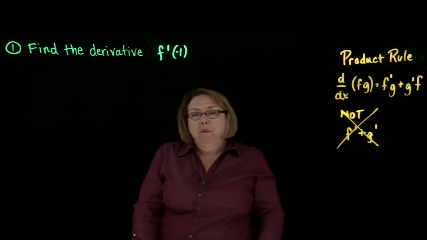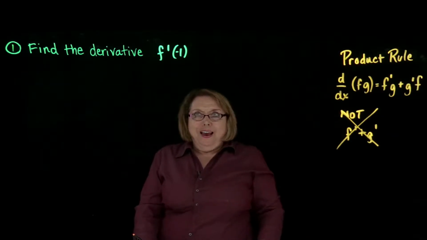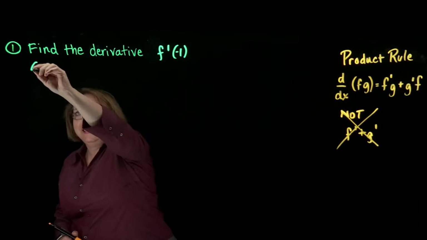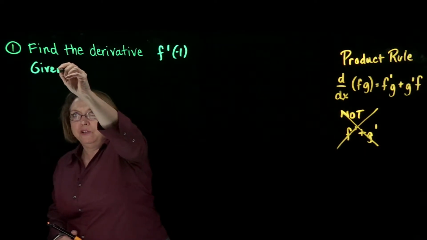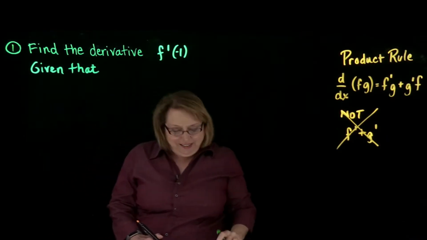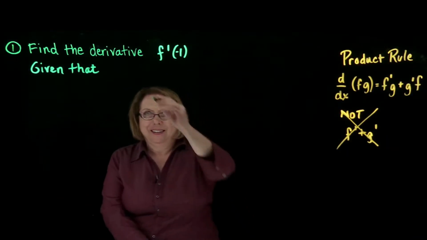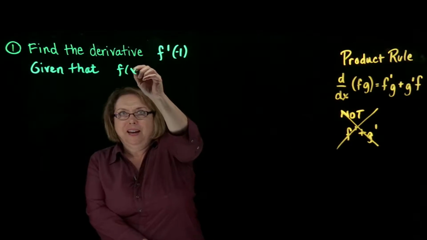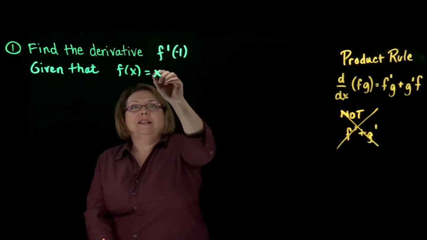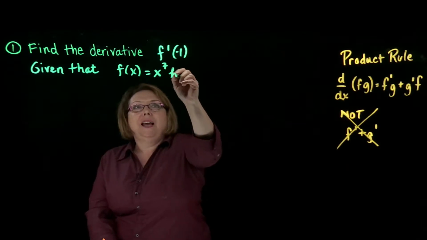So for this problem, we want to find the derivative f prime of negative 1, given that we have some information, but not a lot. It's going to be a little bit of a puzzle, this one. We are told that f of x is equal to x to the 7th times h of x.